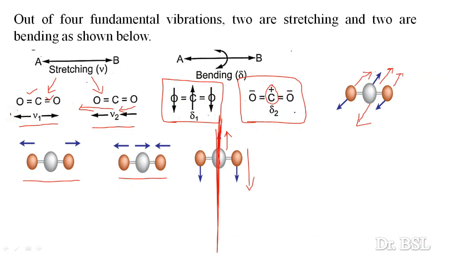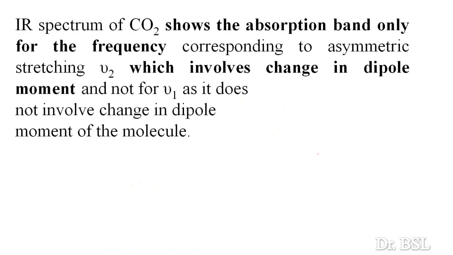So at the same instance, carbon and oxygens are going in the opposite direction but out of the plane of the screen. Okay, so these are the four fundamental vibrations that occur in carbon dioxide.